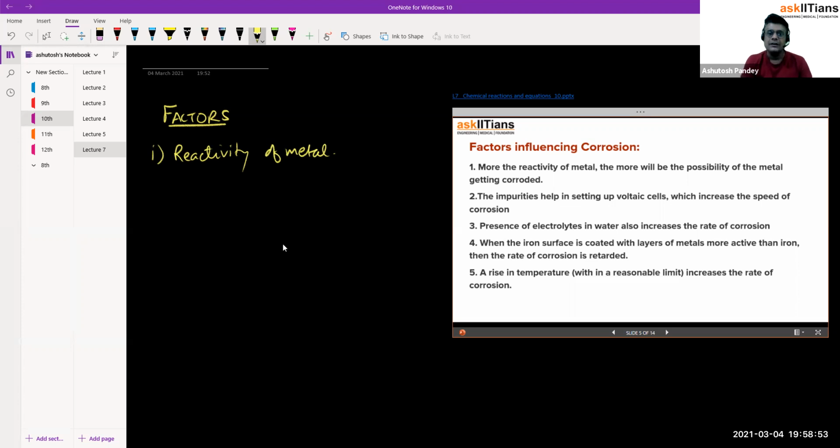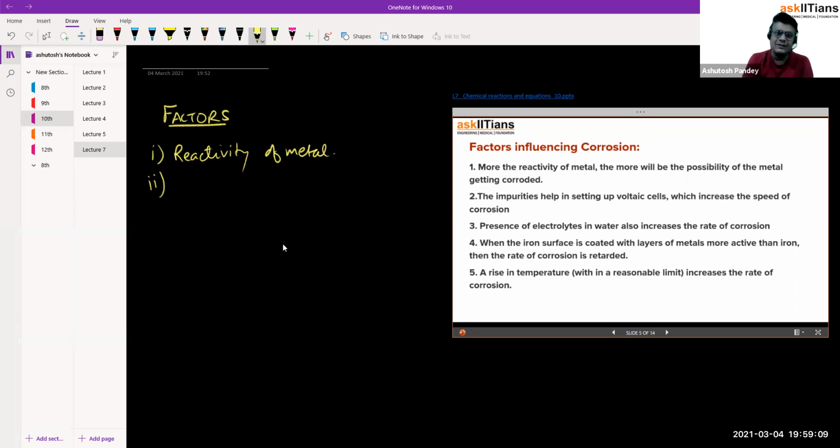Second, impurities help in setting up voltaic cells, which increase the speed of corrosion. When impurities are present, corrosion will occur easily.